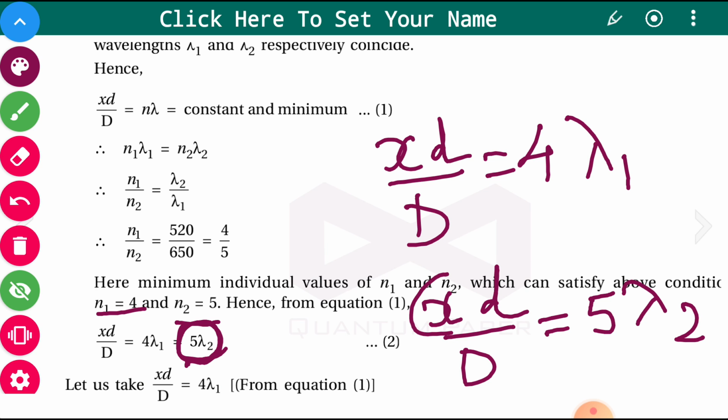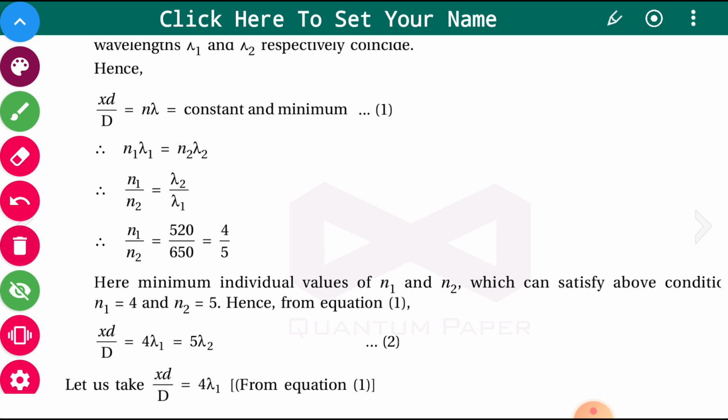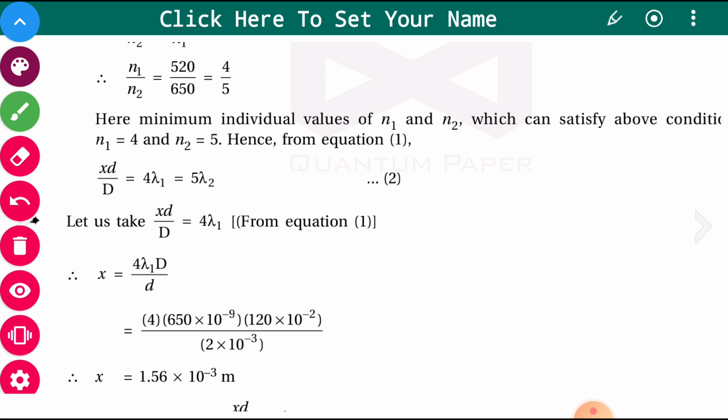You find the value of x either way, and you will get the same value of x, because these wavelengths coincide at distance x. Coincide means the distance is the same from the central bright fringe.